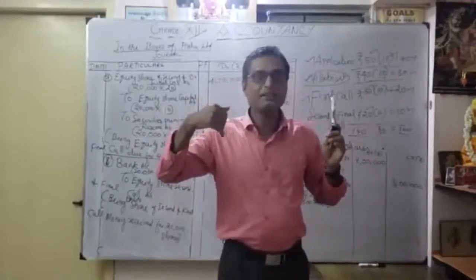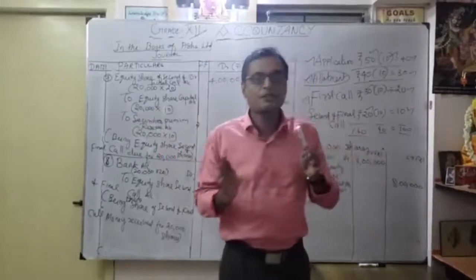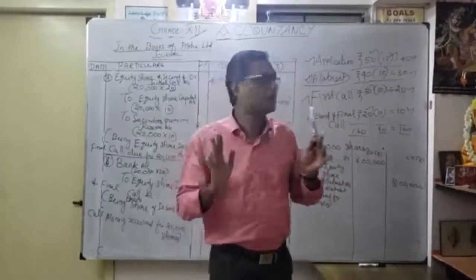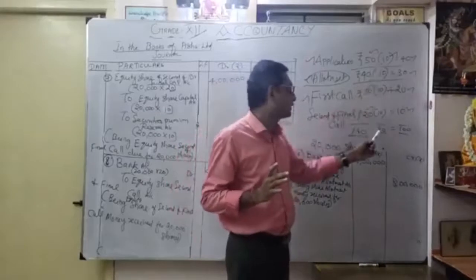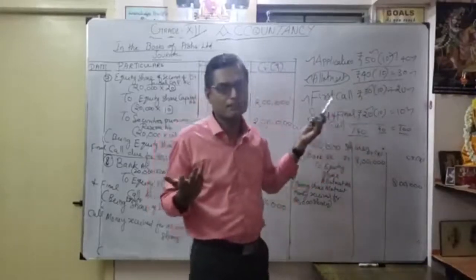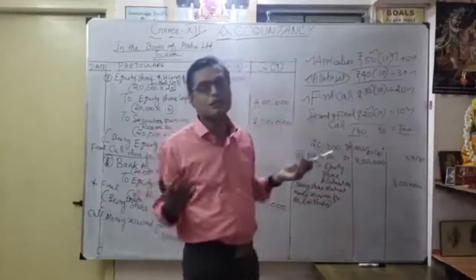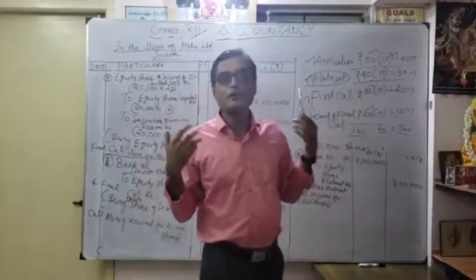From the second entry onwards, you have to give the classification: what is your share capital account and what is your securities premium reserve account. Those are the 4 stages. Finally you get totally 40 rupees, so 20,000 into 40 naturally gives 8 lakhs securities premium reserve account. The balance 12 lakhs becomes our equity share capital account.